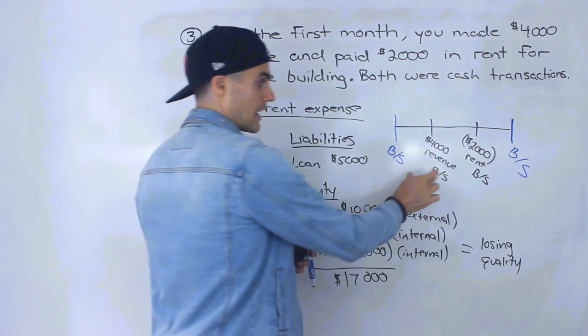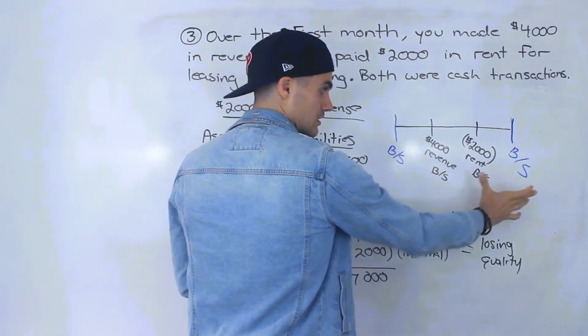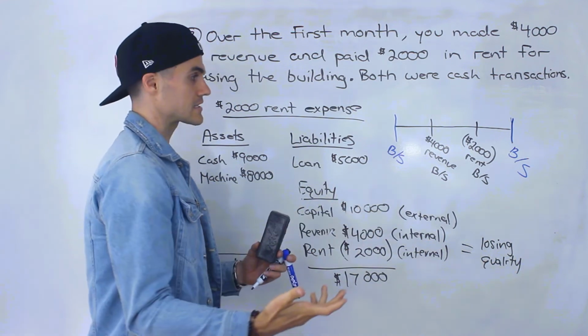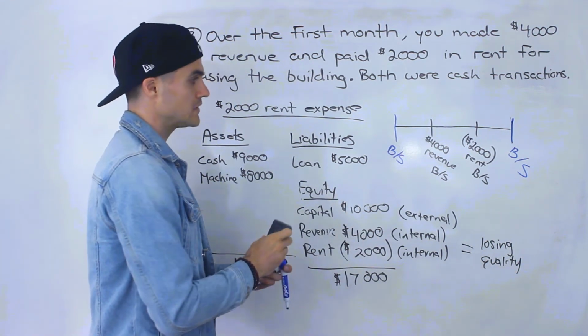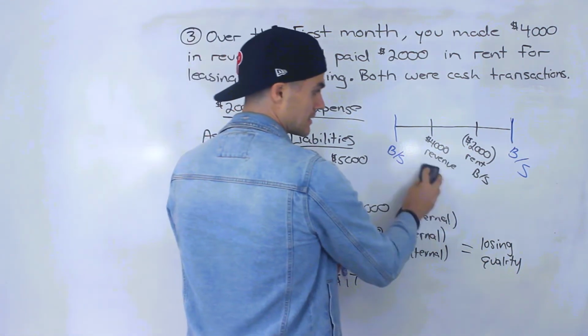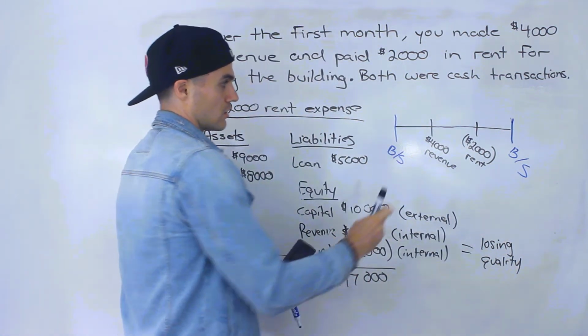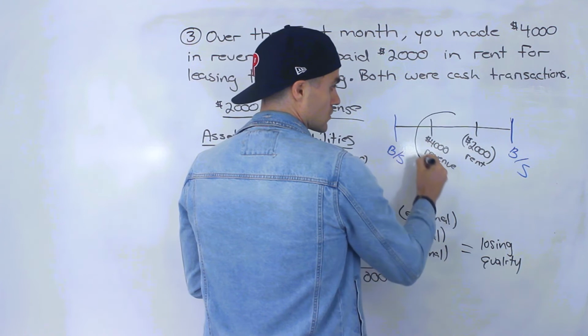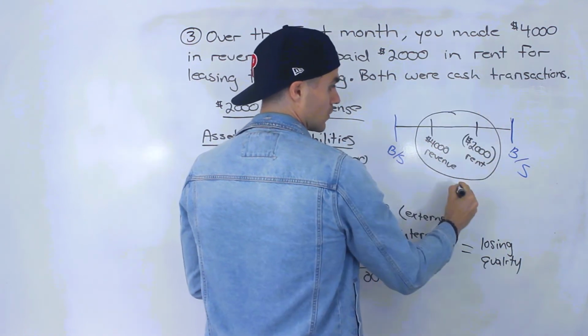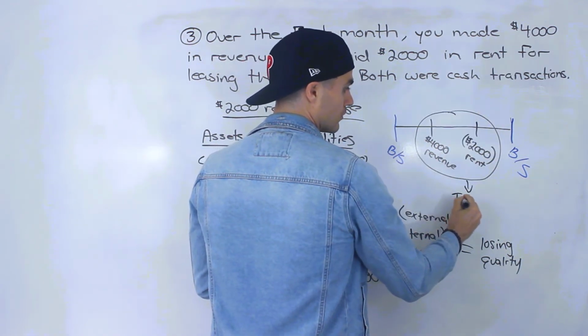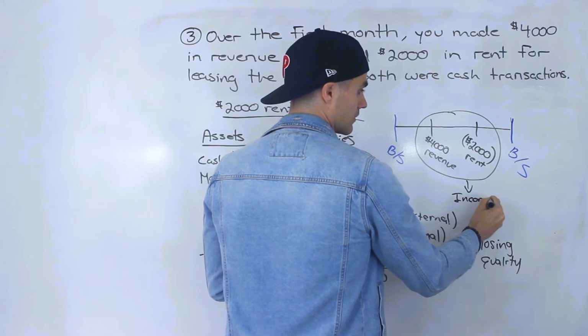But as we said, updating this balance sheet continuously is costly. And so instead of putting these in the balance sheet, instead of updating the balance sheet, these transactions within a period, we group in an income statement.